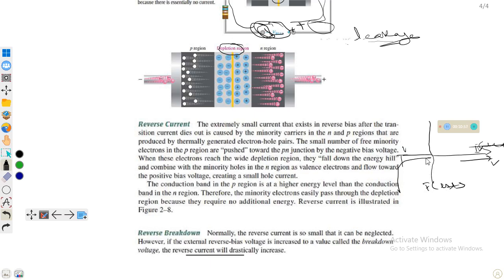As you increase the reverse voltage, at some point, the breakdown point, the current will drastically increase and suddenly give maximum deflection of the galvanometer. This shows that our diode will break down and the maximum current will flow in the circuit.